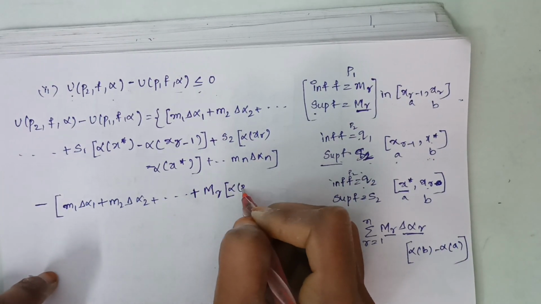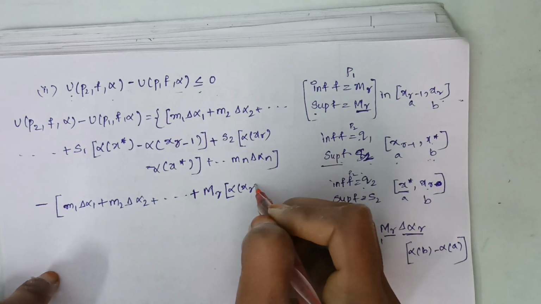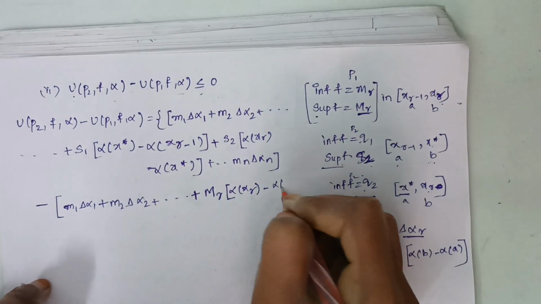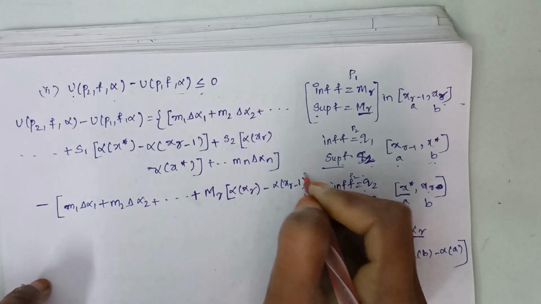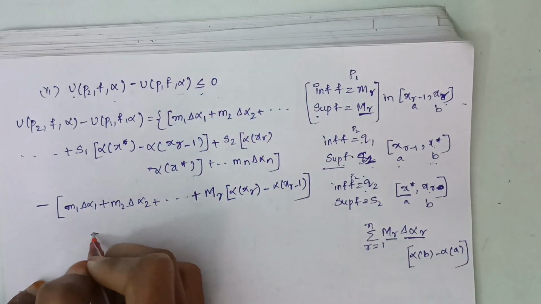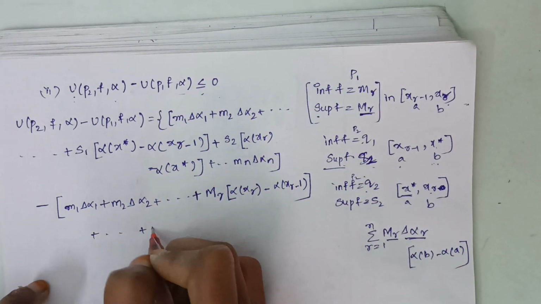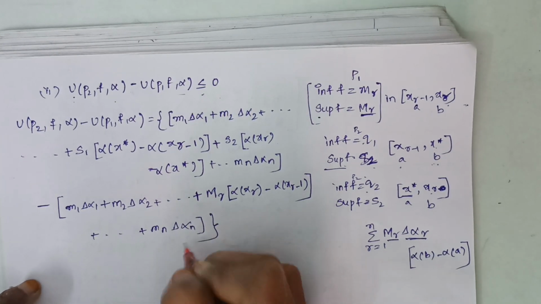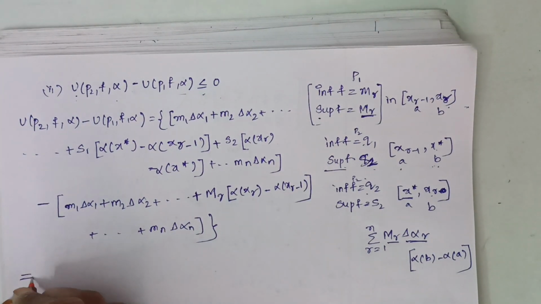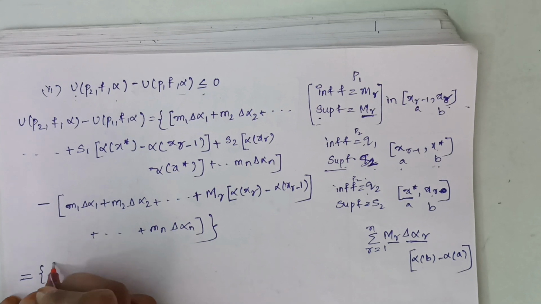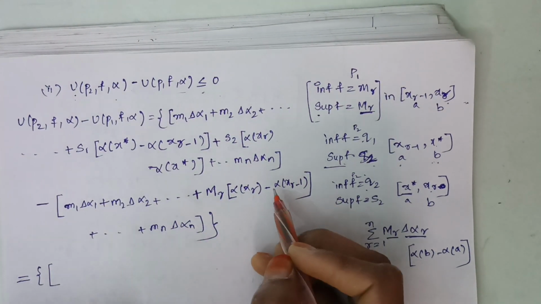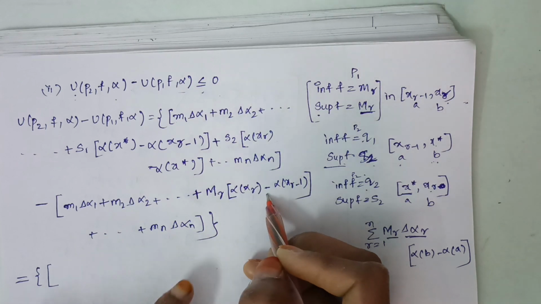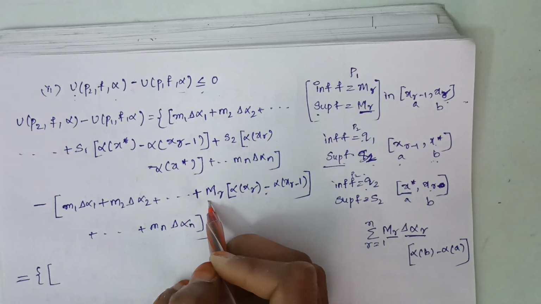Alpha x r minus alpha x r minus 1, and plus up to so on, Mn delta alpha n. And now here in the LHS we have added and subtracted x star. Here also do the same for this part.